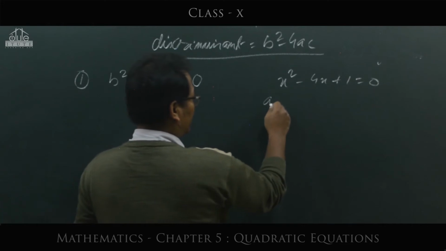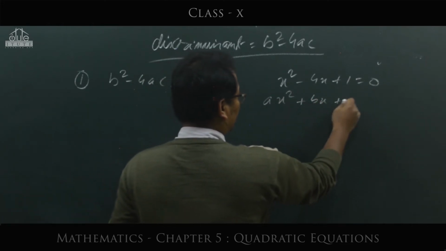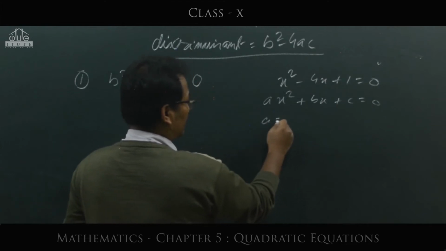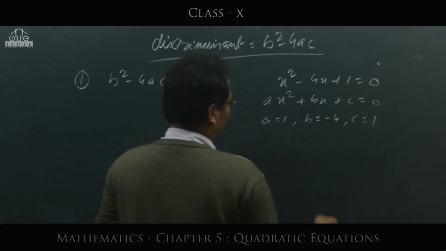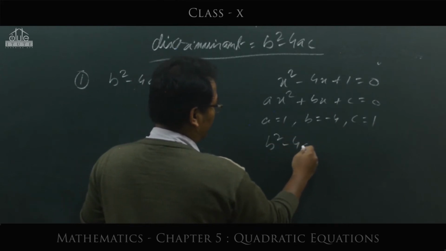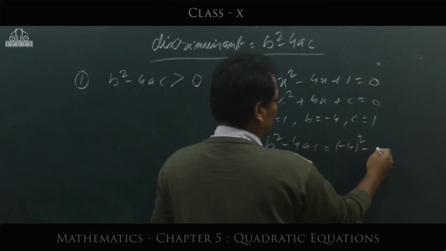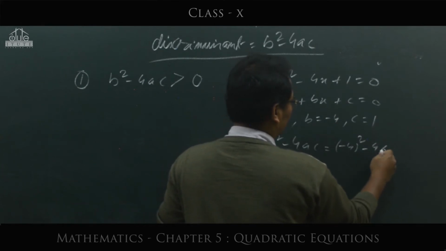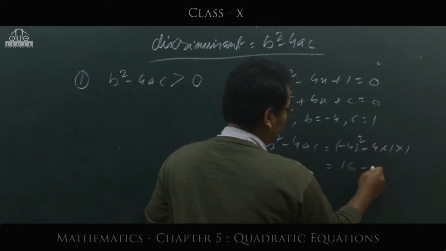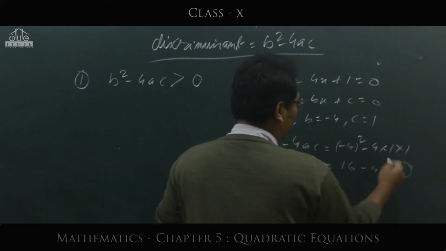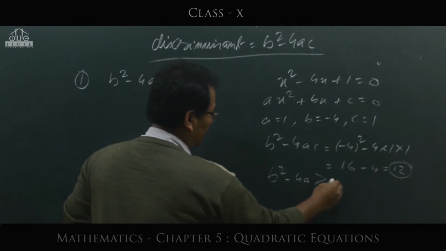Comparing this with the general expression, I have a is equal to 1, b is equal to minus 4 and c is equal to 1. So b square minus 4ac is equal to minus 4 square minus 4 into 1 into 1. So I have 16 minus 4, that is 12. So 12 means positive. That means our b square minus 4ac is greater than 0.